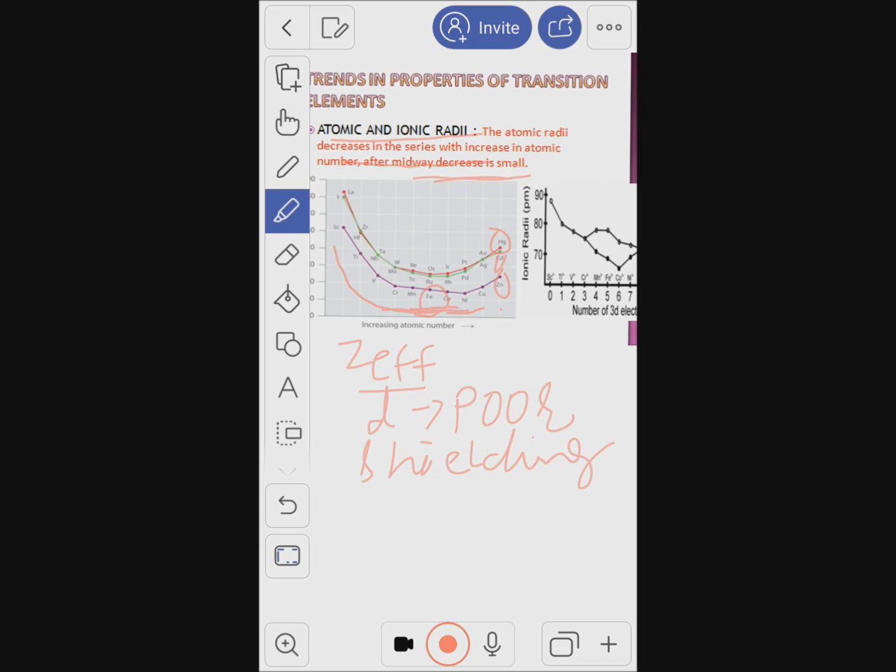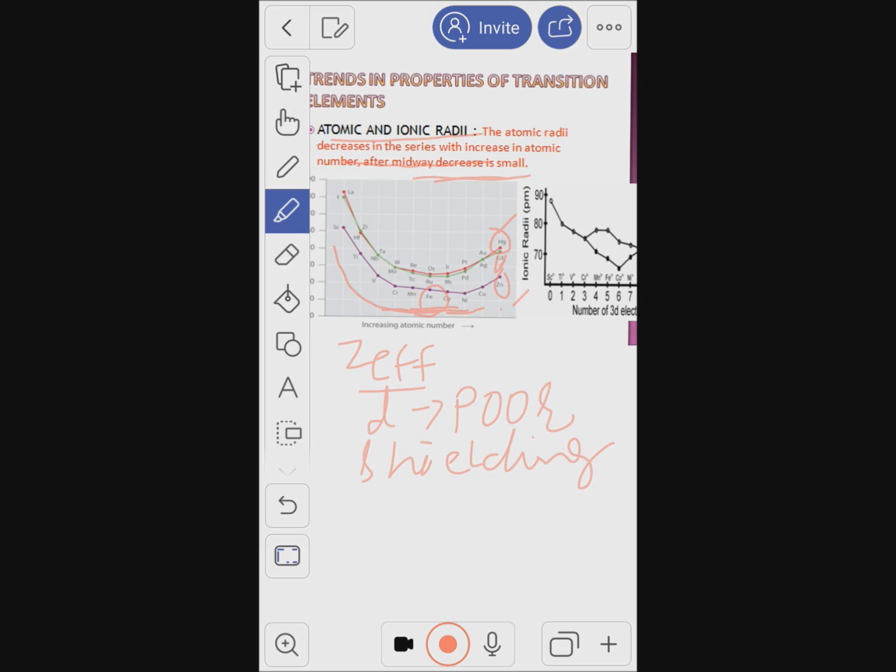But at the end of the series, in case of zinc, cadmium, and mercury, there is a slight increase of atomic radii. This is due to the electron repulsion.